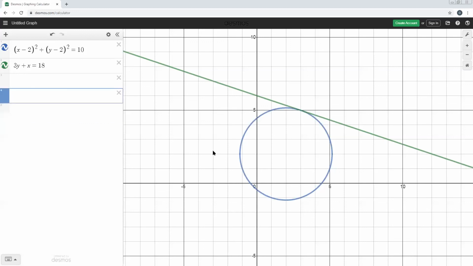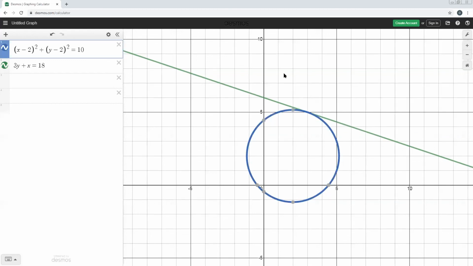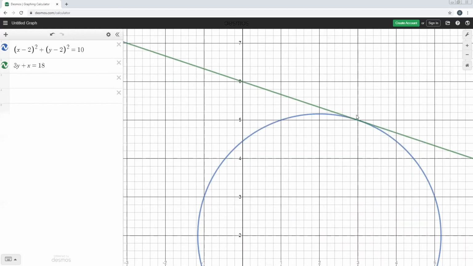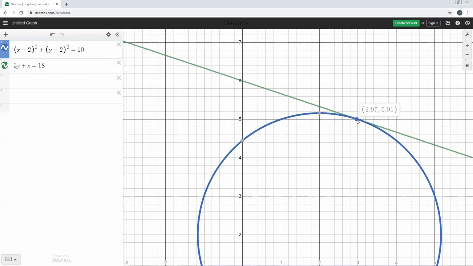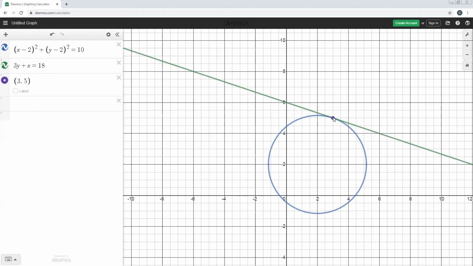I already typed this in. Save myself some time. And a point of intersection should be (3, 5). I don't know why it's not showing up, it should automatically pop up, but that's our point of intersection, (3, 5). So there is only one intersection point and one solution to the system, and there it is.